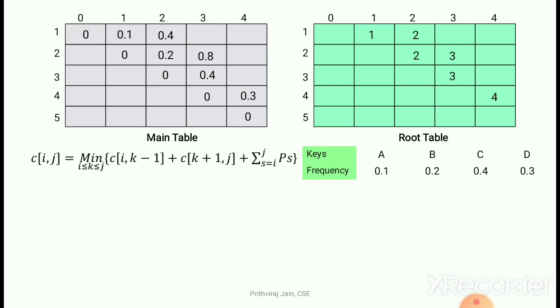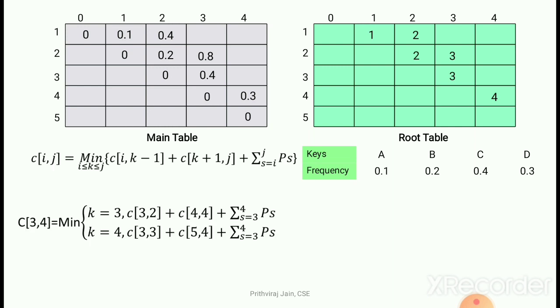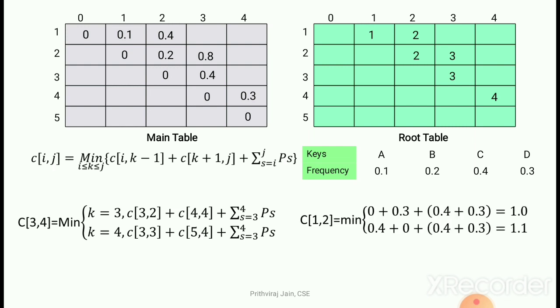Next, third thing is we have to fill it for C of 3 comma 4. So C of 3 comma 4 means k value is 3. We have to calculate it for k value 3 and k value 4. Similarly, summation you have to take from s equal to 3 to 4. 3 to 4 means we have to add the third value and fourth value, that is the frequency values.